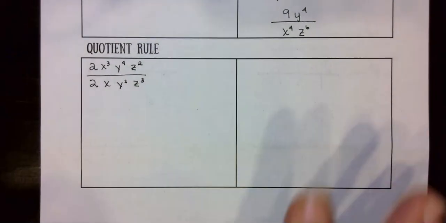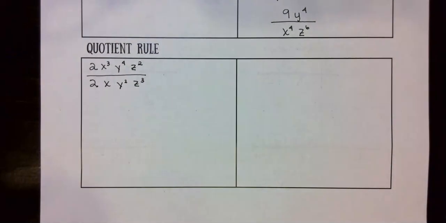And then our quotient rule is a problem that already starts off as a fraction. So if you're looking at your problems and you realize this one is already a fraction, then most likely it's going to be your quotient rule.